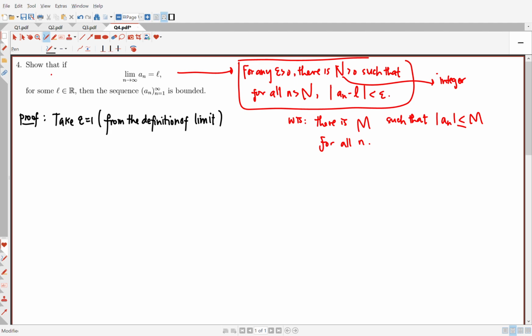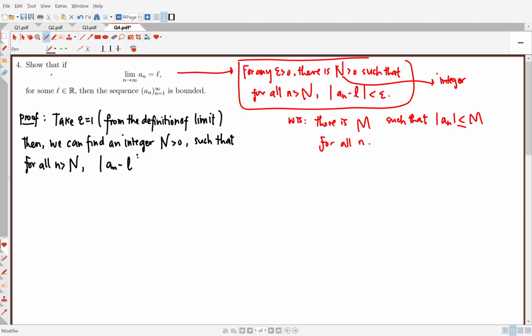Then we can find an integer big N such that for all small n bigger than this big N, we have the absolute value of a_n minus L is less than 1.